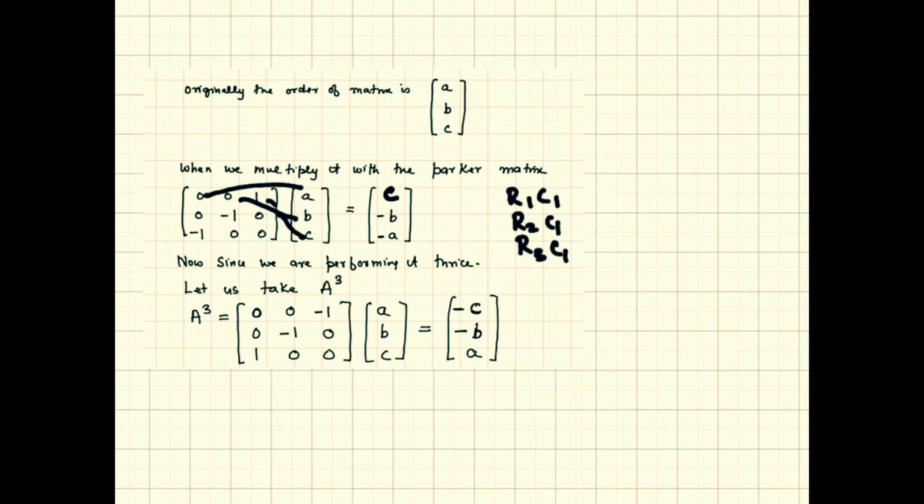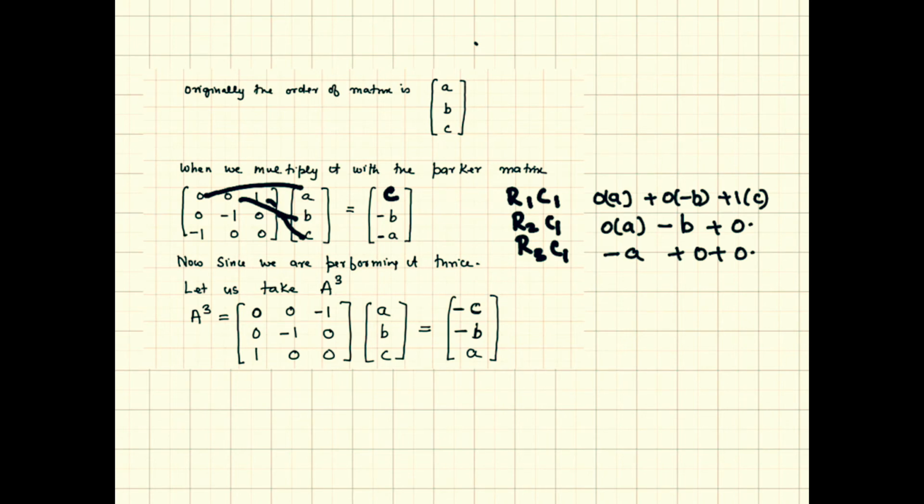To elaborate this, R1 with C1 actually gives us 0 times A plus 0 times minus B plus 1 times C. The second row would give you 0 times A minus B plus 0 again. And the third one would give me minus A plus 0 plus 0. That's how it becomes C, minus B and minus A.